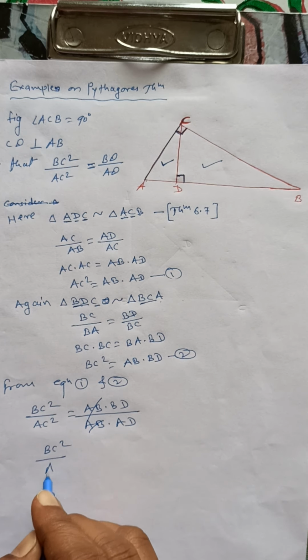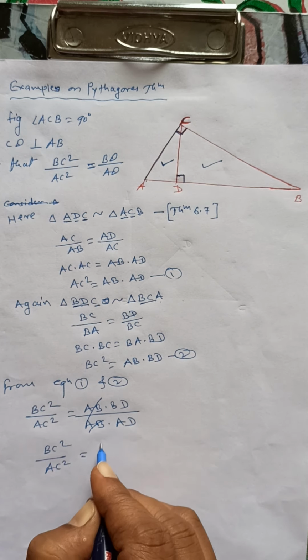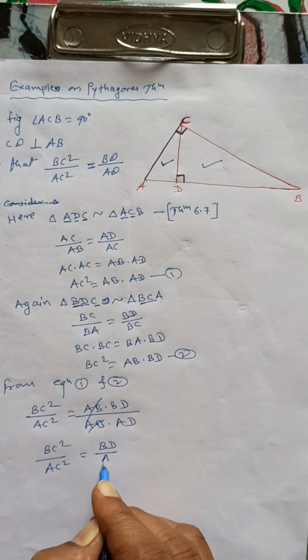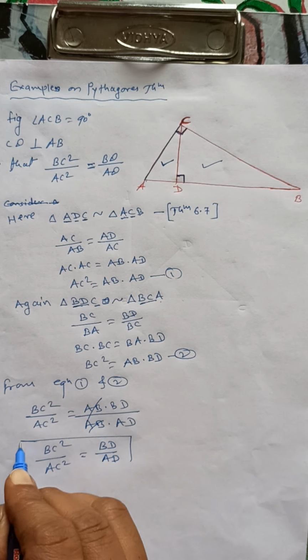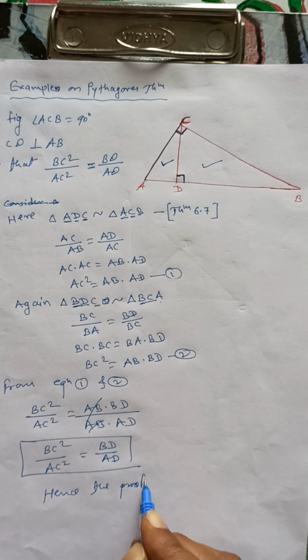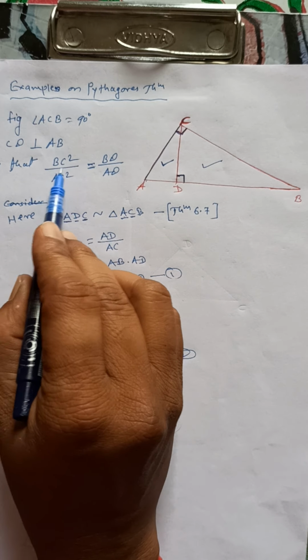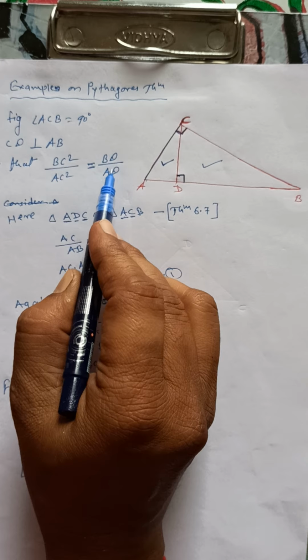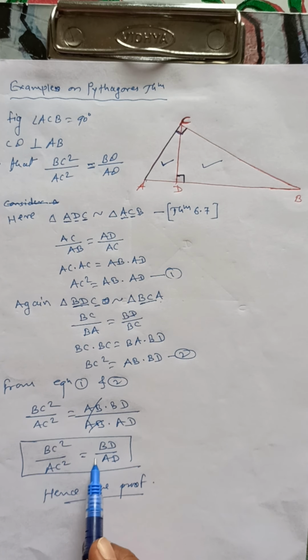BC square upon AC square is equal to BD upon AD. Hence the proof that I want. BC square upon AC square is equal to BD upon AD.